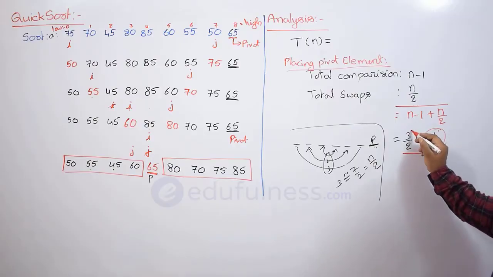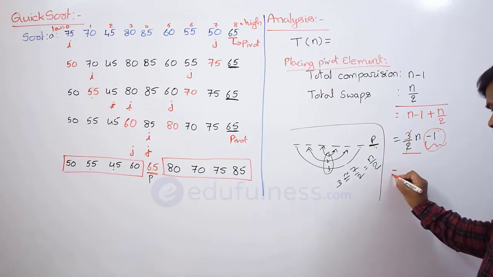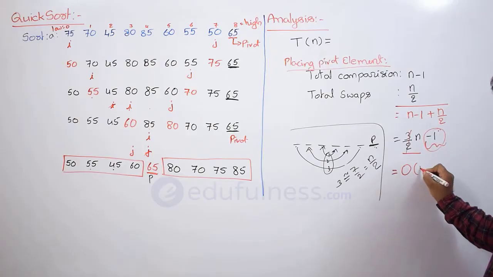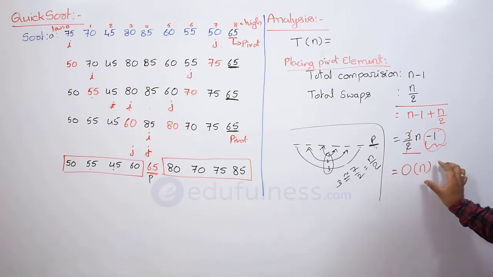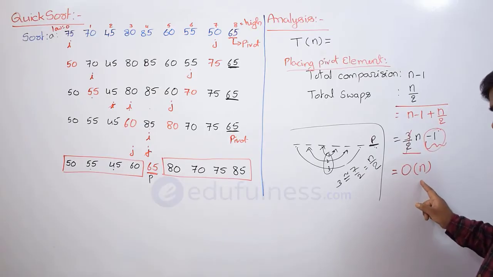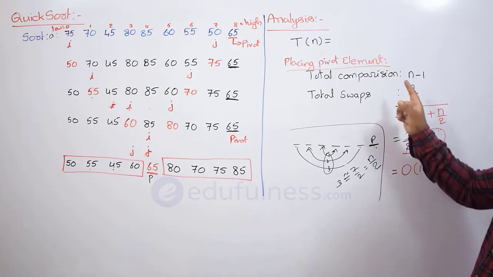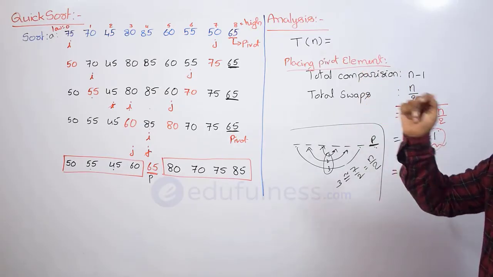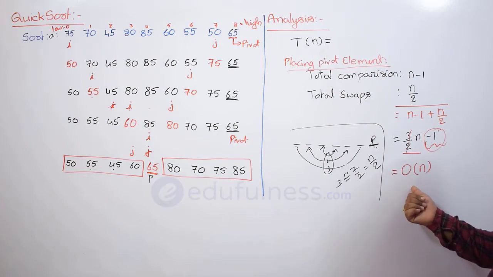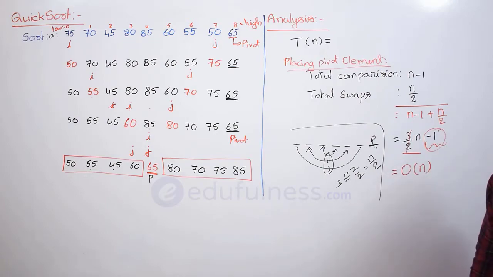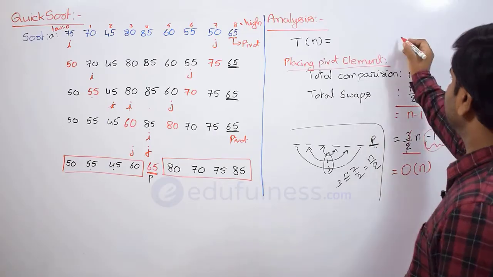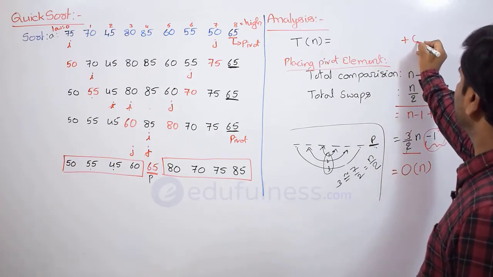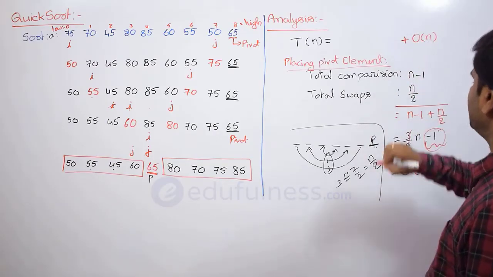In this, this is a constant. So you can represent it in big O of n, asymptotic notation. So for placing the pivot element in its correct position, what is the time complexity? Big O of n.